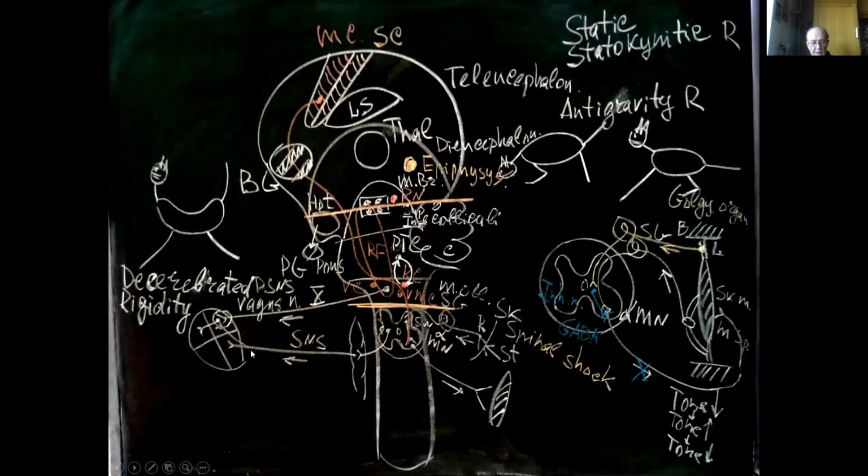And in the same way, the sympathetic nervous system innervates all the other viscera: bronchi, stomach, intestine, spleen, and so on.